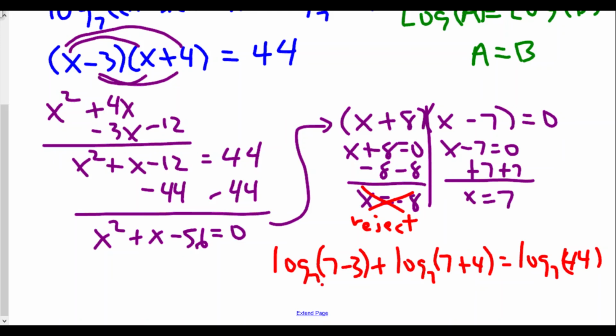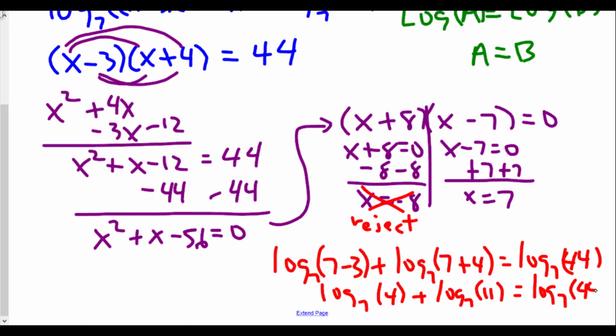Well, we are going to get log base 7 of 4 plus log base 7 of 11. And in this case we combine the two to get 4 times 11 equals 44. So this is working out great. Our answer is x equals 7.